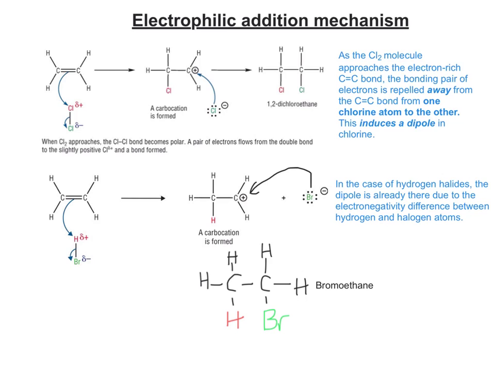So I'm going to annotate in red the key points you must do on either one of these types of mechanisms. They're both the same mechanism, it's just the electrophile is slightly different. So just to show you what I mean by the electrophile, chlorine is the electrophile in the first one, and hydrogen bromide is the electrophile in the second one.